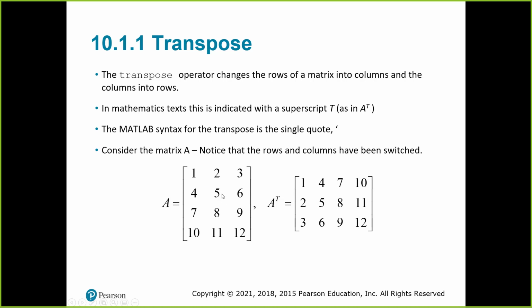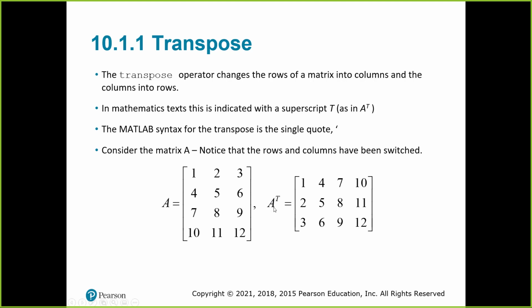About this angle here, or this diagonal. So if you notice, this row is now this column and this column is now that row. That's what transpose does. And in mathematical textbooks, it's usually indicated with a superscript T, and that's the way she indicates it most throughout the textbook.